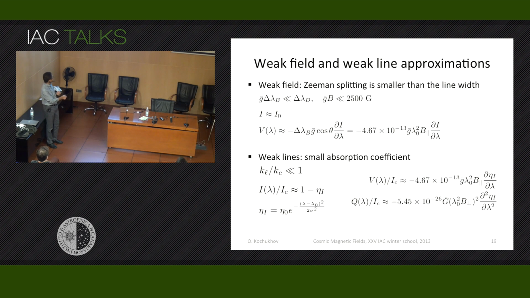And in that case, for weak lines, I can also write down a similar expression for Stokes Q. That will look like this. So B perpendicular would be the field perpendicular to the line of sight. And this capital G with a bar is some kind of parameter similar to the effective Lande factor, but a parameter which characterizes the magnitude of linear polarization in a given line.